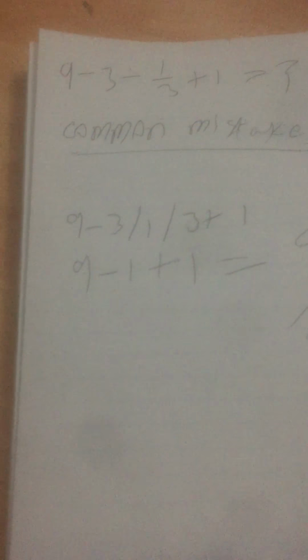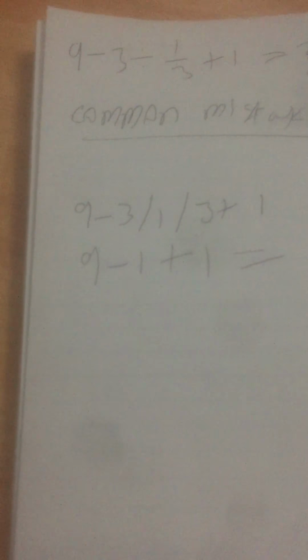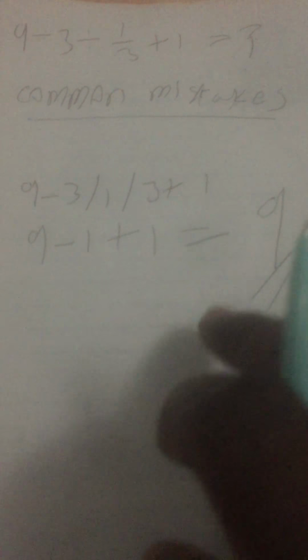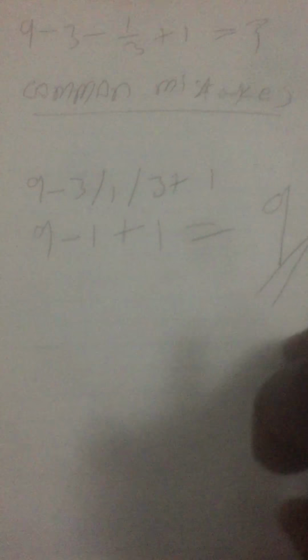Then you use your scientific calculator. It takes you to the wrong direction, which is the same idea which the Google calculator sees. So then when you use a scientific calculator, this is what it does.